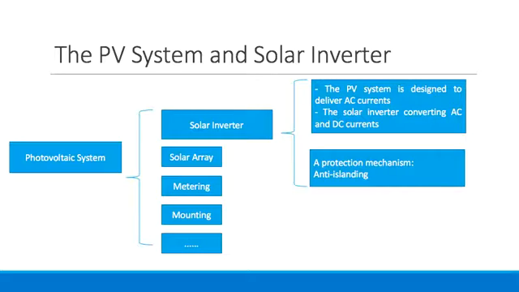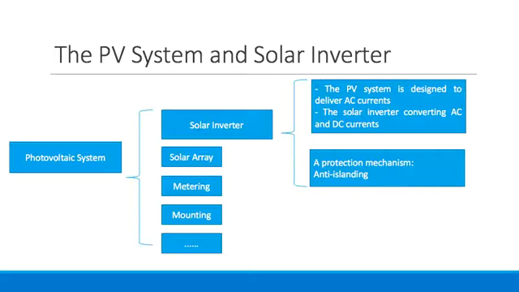As we talked before, the solar inverter converts the DC current generated from the sunlight into the AC current for customers. And in order for it to work smoothly and safely, a protection mechanism named anti-islanding is applied to the solar inverter. So with this protection mechanism, the solar inverter will automatically shut down itself if it detects there is no input power from the power grid.